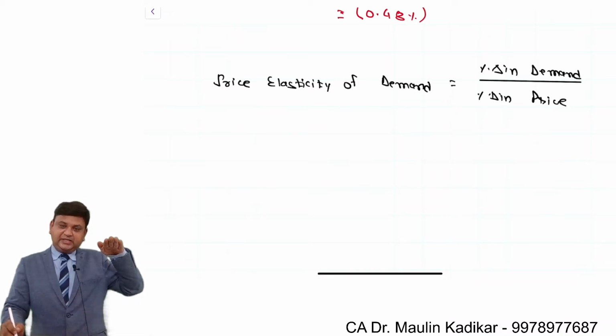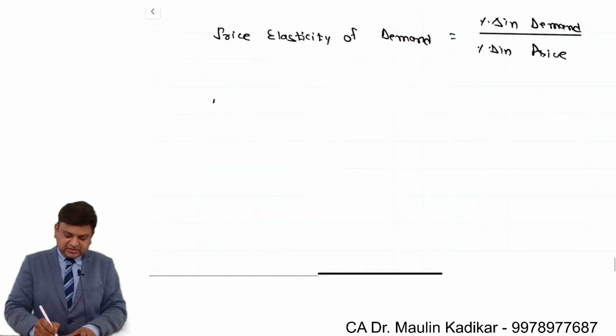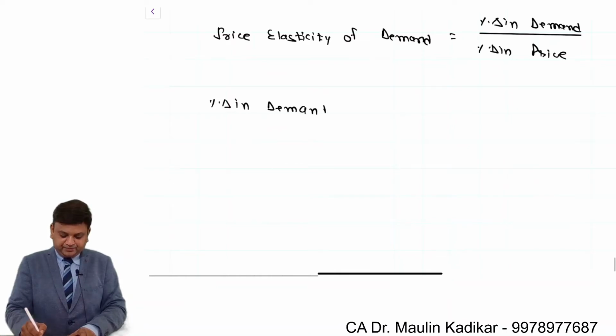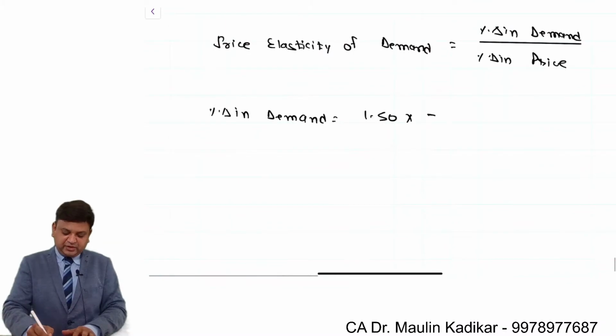Over here we can see that the price is reducing, so the demand will increase. What is the rate at which the demand will increase? Percentage change in demand is equal to 1.50 into 0.48 percentage.